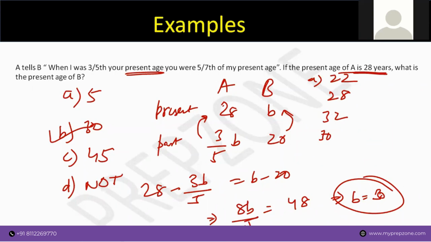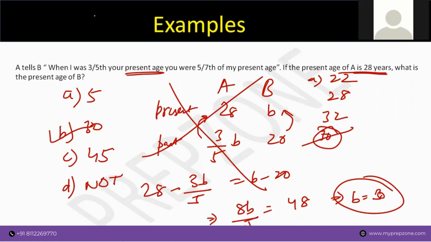I will say A tells B when I was 3/5 of your present age, and the present age of B has to be found. The first thing that I would do is see the options. Oh, 3/5 of B. So it has to be 30 only because it has to be a multiple of 5. I will not even check it. Very confidently, I'll move on to the next question. Because it's an MCQ, you have to have an answer and it has to be a multiple of 5. So there's only one option.